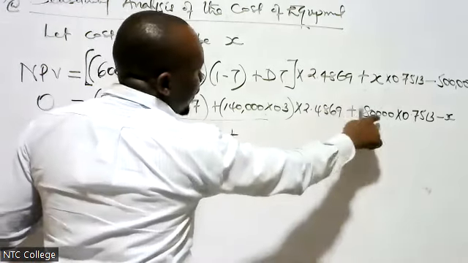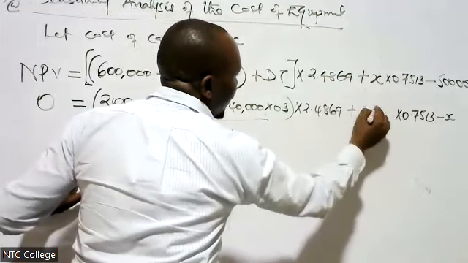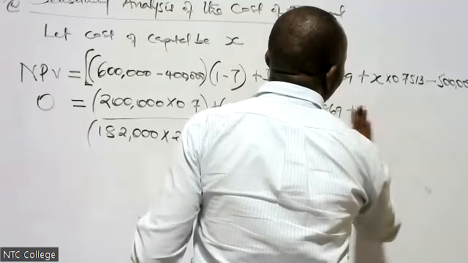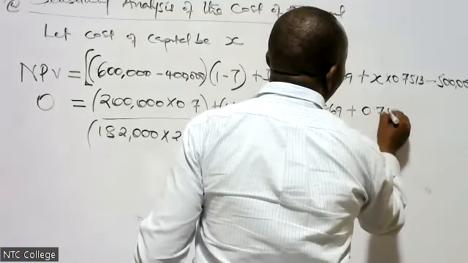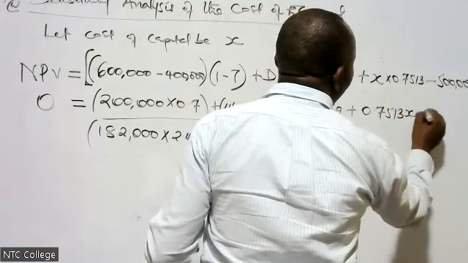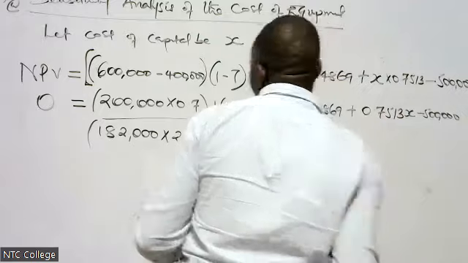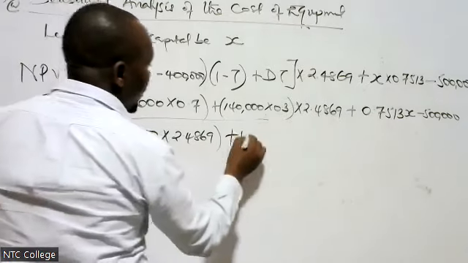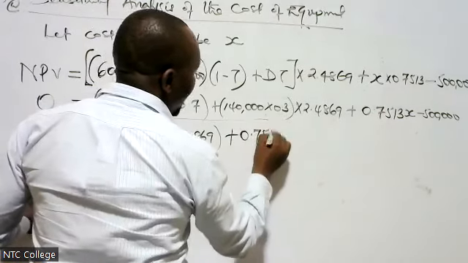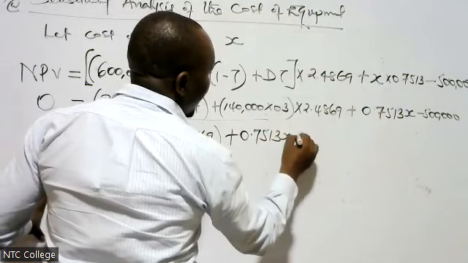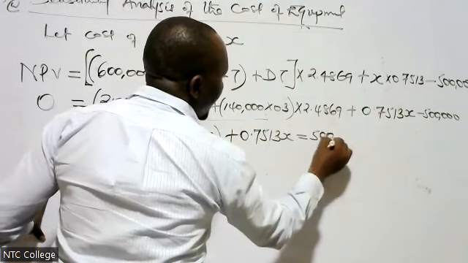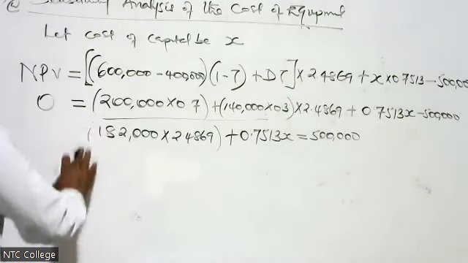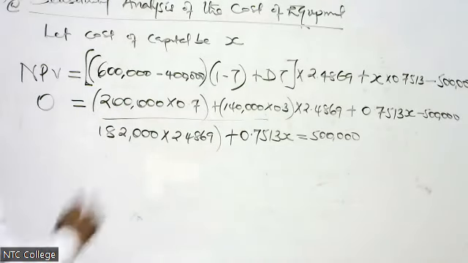Plus, now we don't know X. This one is now X. So we have X times, in fact, 0.7513X minus 500,000. So we come and say 0.7513X is equal to 500,000. See, 500,000 crosses the equal sign. When it crosses the equal sign, it becomes positive. So it is a positive figure.